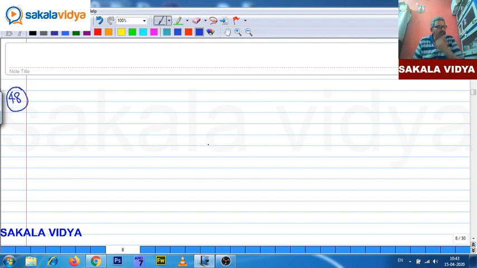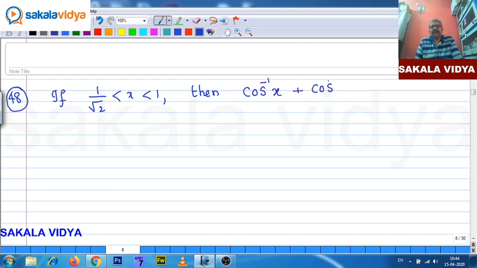Forty-eight. If 1 by root 2 is less than x less than 1, then cos inverse x plus cos inverse of (x plus root of 1 minus x square) by 2 equals.